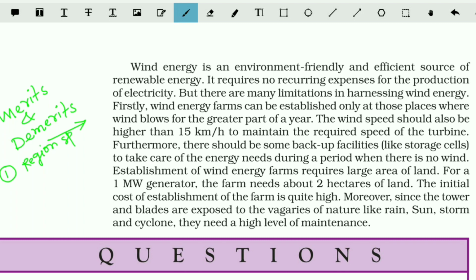The wind speed should also be higher than 15 km per hour to maintain the required speed of the turbine. So there is also a limitation for the wind speed. This is obviously a demerit, so it requires a minimum 15 km per hour wind speed.